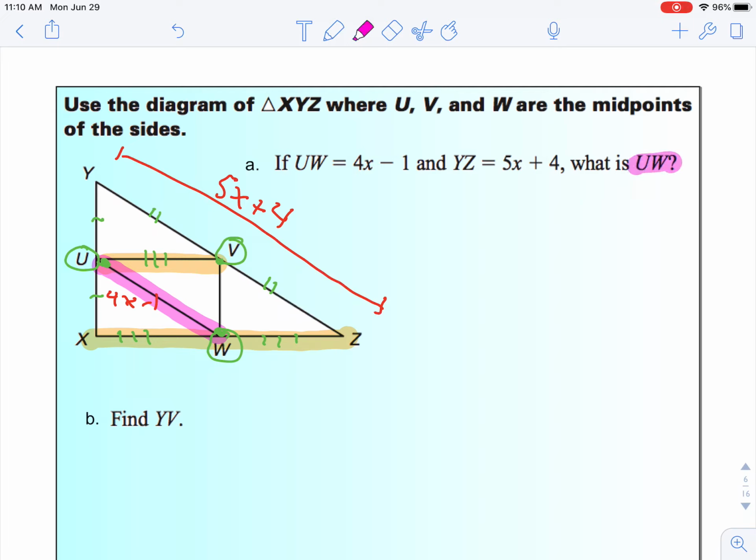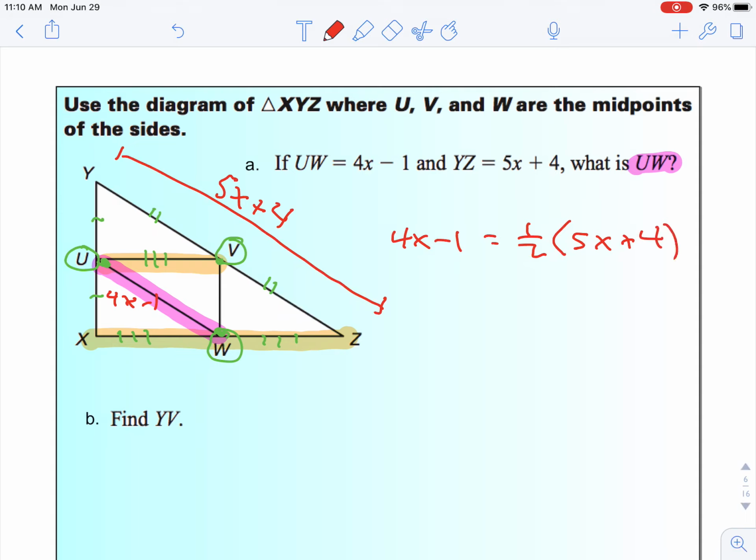So we are trying to find that segment. Well, again, we know UW is a midsegment because it's formed by the midpoints. So what we know is that 4x minus 1 is equal to 1/2 of 5x plus 4.